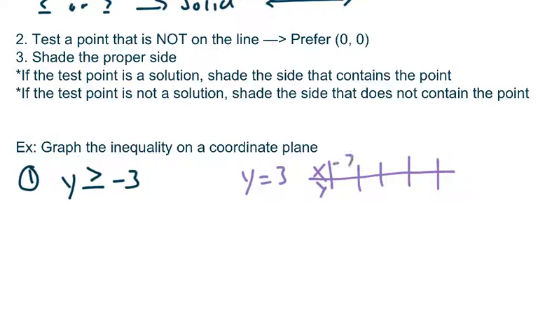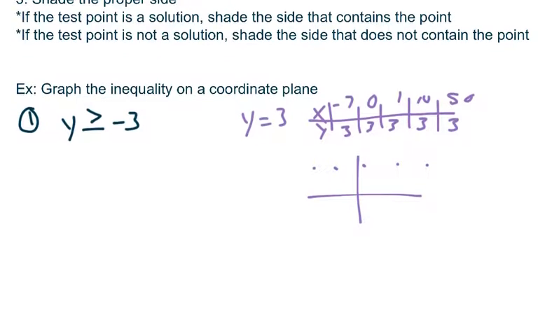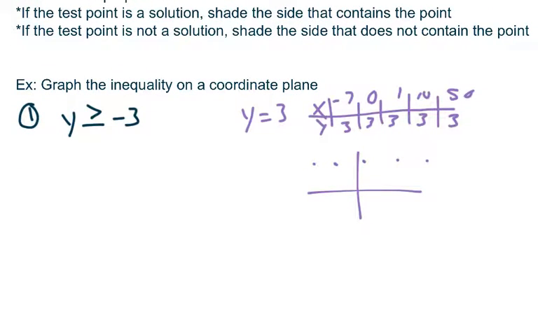So we could do -7, 0, 1, 10, 50, it doesn't matter. What the equation tells us is that the y values all have to be -3. When you put those points on a graph, all of those points make up a horizontal line. So the graph of this is still going to be a horizontal line, but now it will look slightly different when it's all said and done.